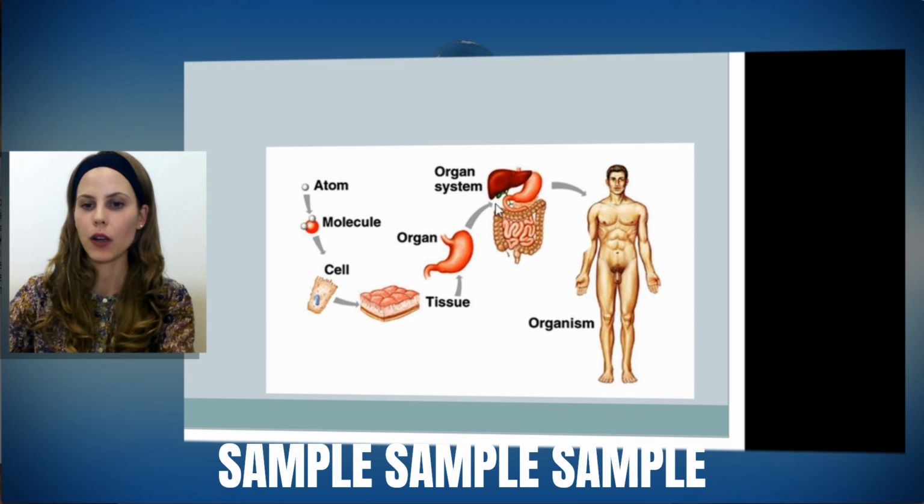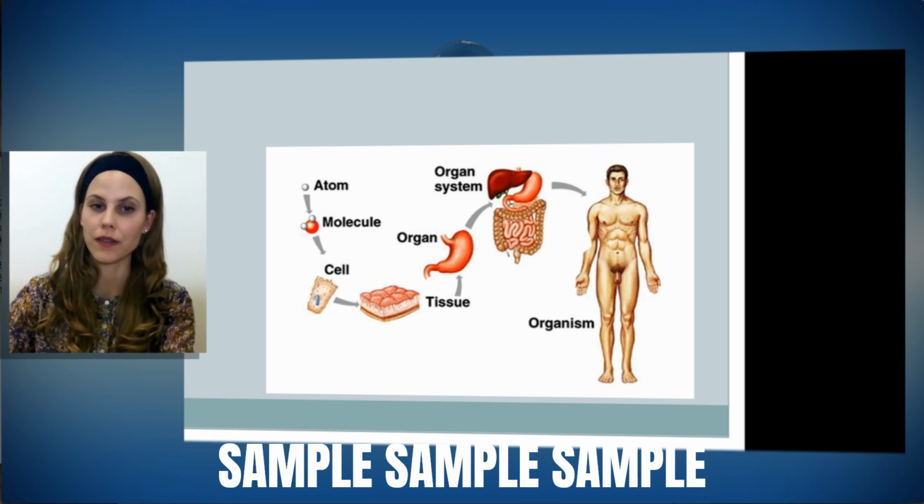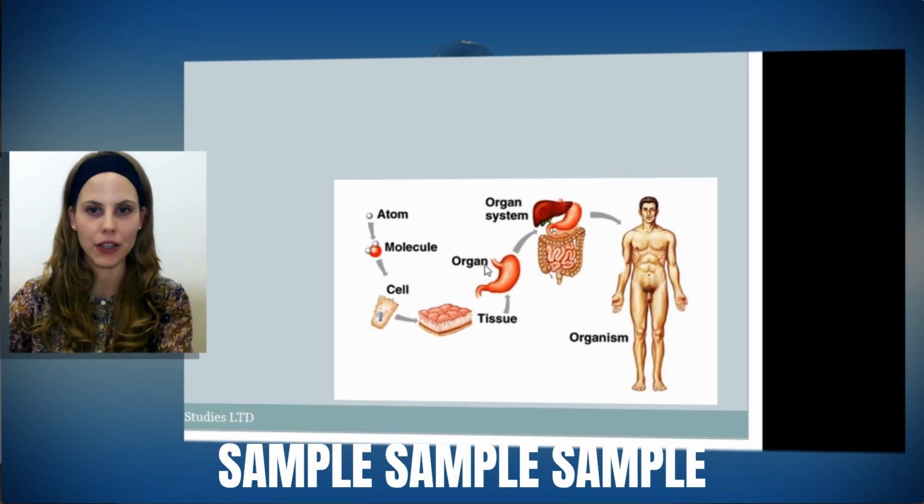If we pluck one organ out, let's say the stomach, this organ is composed of tissues. And tissues are composed of cells that are all together doing different jobs, but for the most part, that's what you need to know. And cells are composed of molecules.